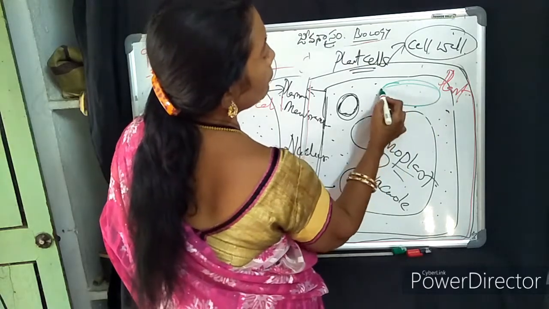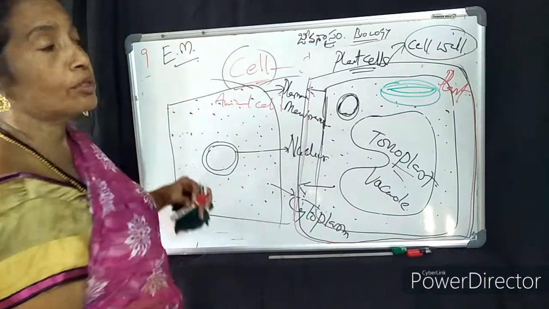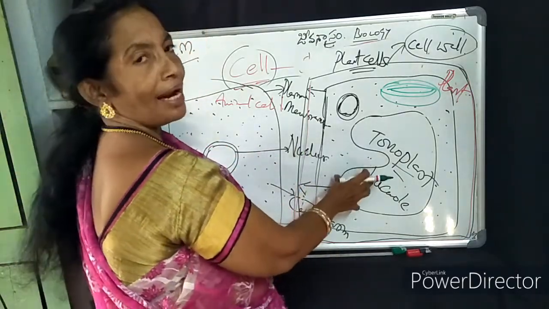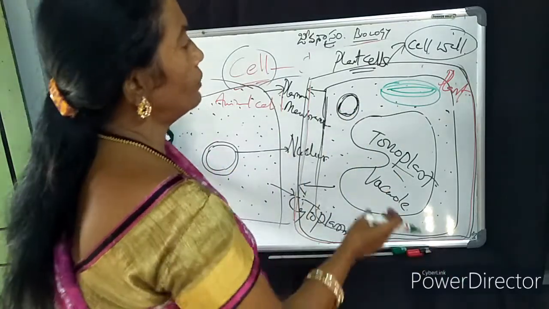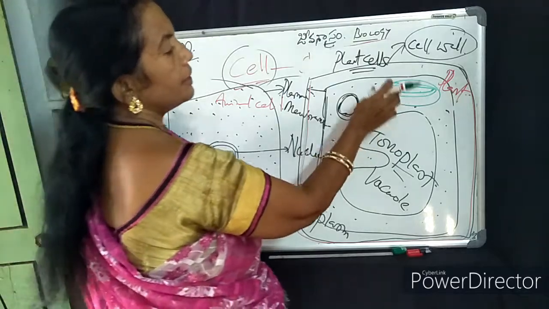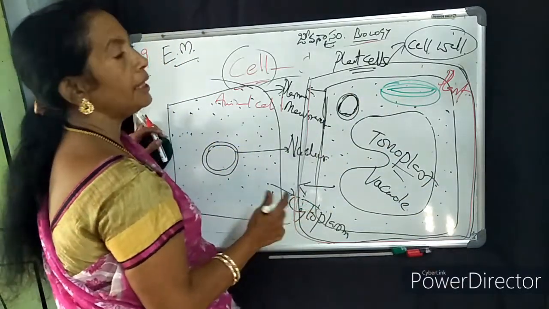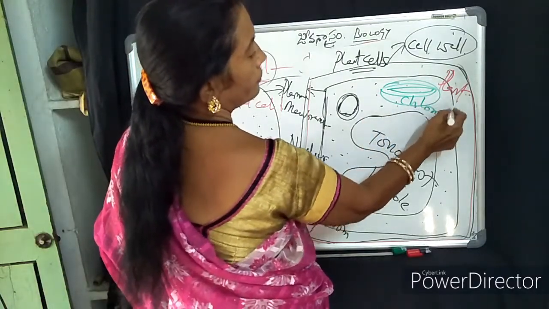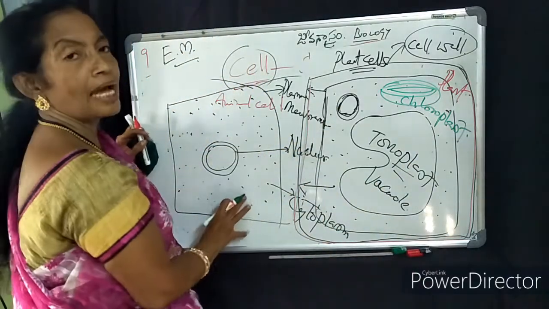Whenever we observe a cell in the microscope, whether it is an animal cell or a plant cell, after first having a glance we can tell it is a plant cell because of this green organelle, which is called a chloroplast. This is chloroplast, which is absent in animal cells.